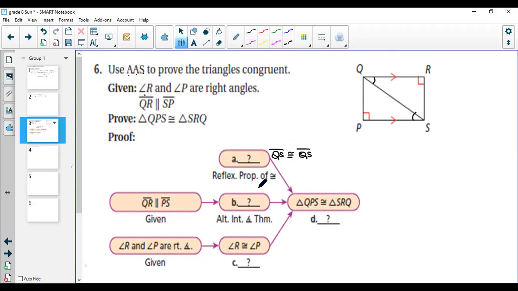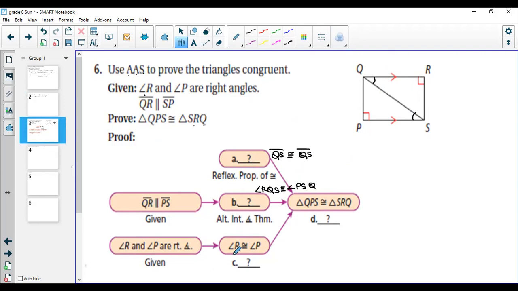So here we could write angle RQS is congruent to angle PSQ. Now follow the same order because it's a must. So if you're saying RQ, that means it should be PSQ. Okay, that was about the alternate interior angles theorem.